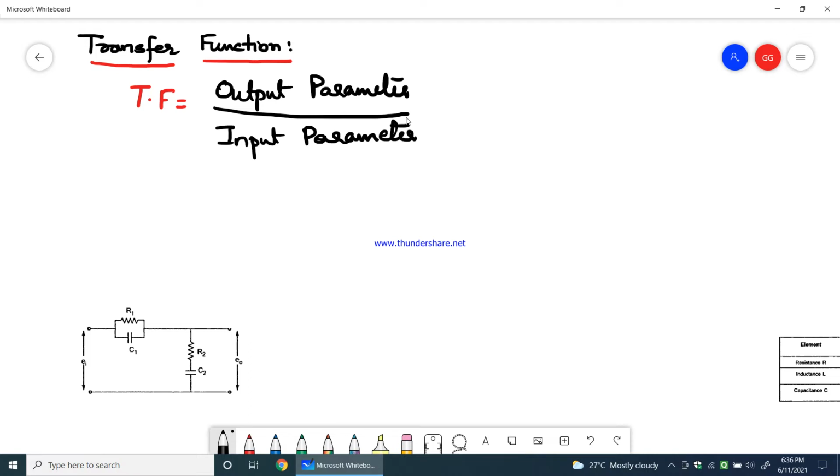Now what does the knowledge of the transfer function give you? What would be the benefit of finding out the output by input parameter?